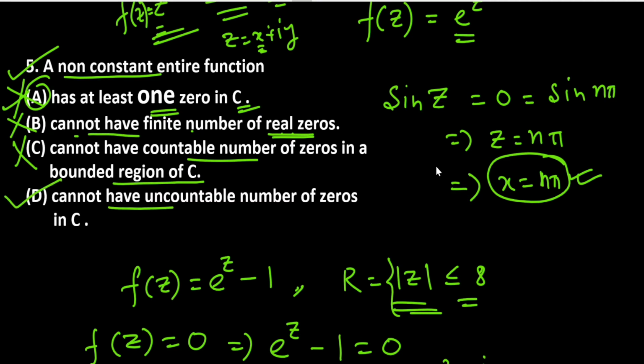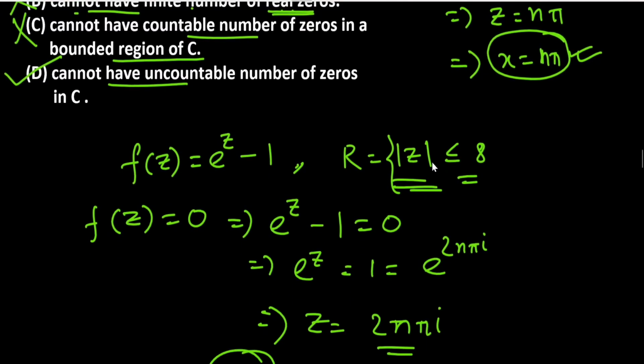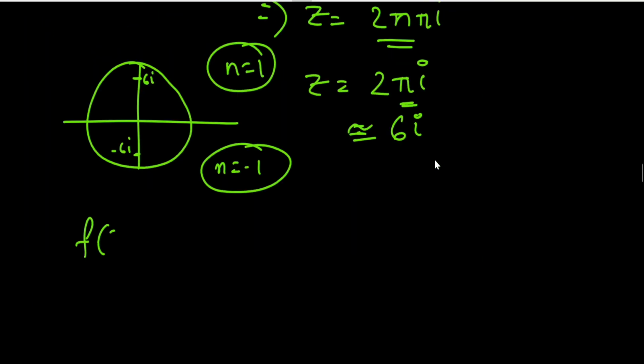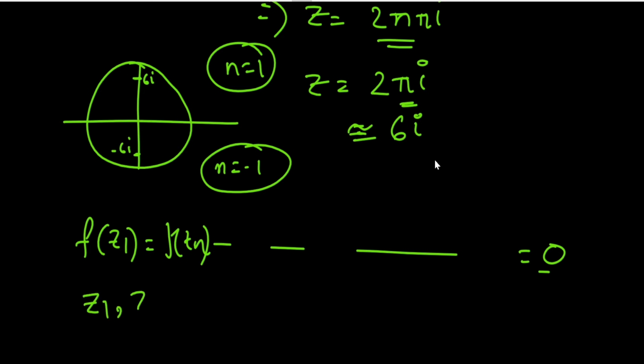So it cannot have an uncountable number of zeros. Also you can state a result: a non-constant entire function can have at most a countable number of zeros. Since if there is an uncountable number of zeros, f(z1) equal to 0, f(z2) equal to 0, and so on, then the zeros are z1, z2 and so on.